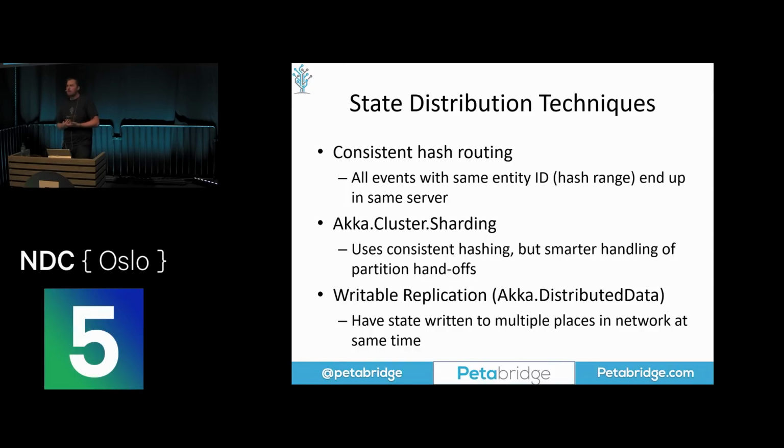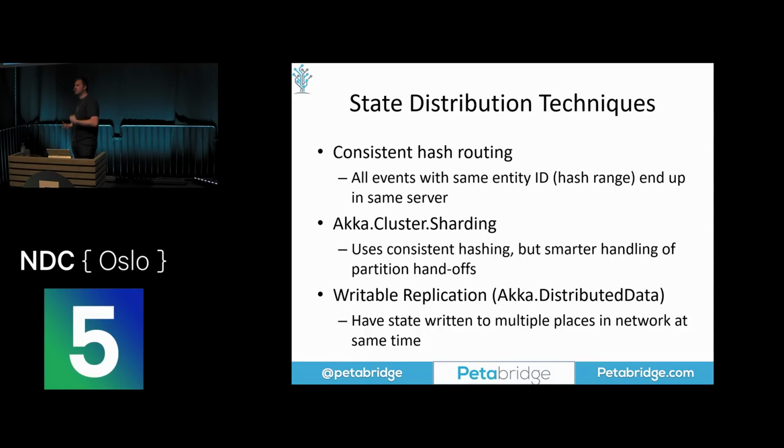The technique we're going to look at primarily is known as consistent hash distributions. Or in Akka.NET, we're going to use a specific type of router called a consistent hashing router. This is an actor that uses a consistent hashing strategy to figure out all the entities for a specific hash key should all go to the same place inside the network. That way I can build a consistent picture of what that entity state should look like.